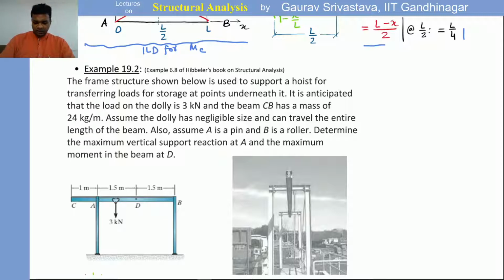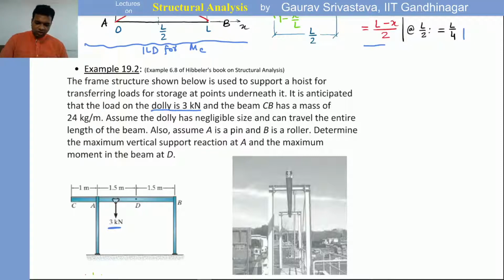So this CAB is the girder or the beam, and on this CAB, this trolley or what is called a dolly is carrying a 3 kilonewton load, which is being moved here and there whenever it is needed.